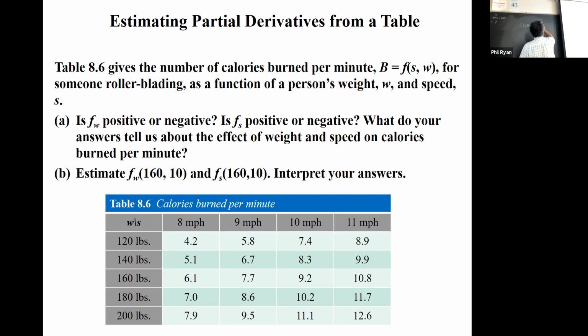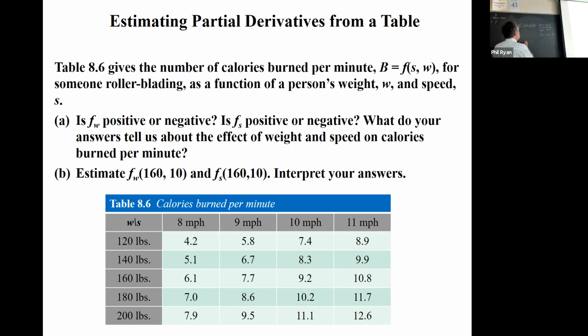So it's 10.2 minus 8.3 over 180 minus 140. And don't forget units. Units are going to be calories per minute per pound. Because this is how much calories you're burning per increase in weight.